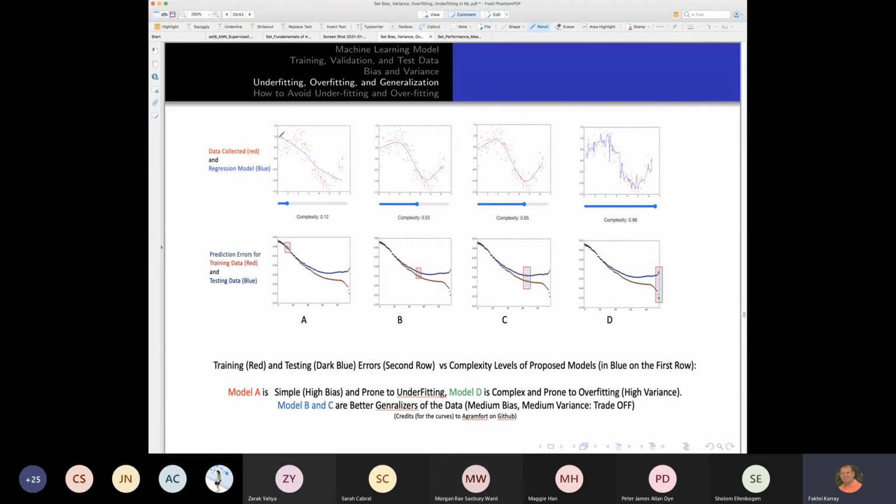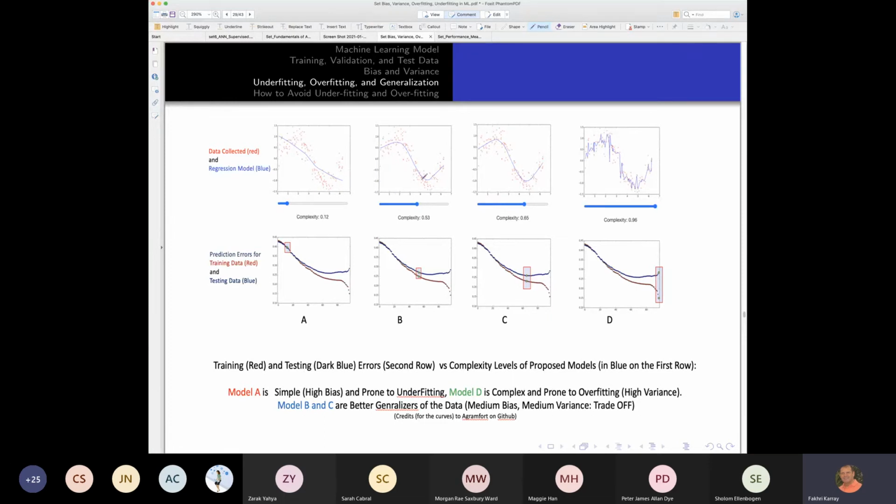For 0.12, the data collected is in red and the regression model is in blue. You can see that the system has very high variance, low bias here, and low variance and high bias. As you can see, the distance between all these points and this particular curve is very, very large.